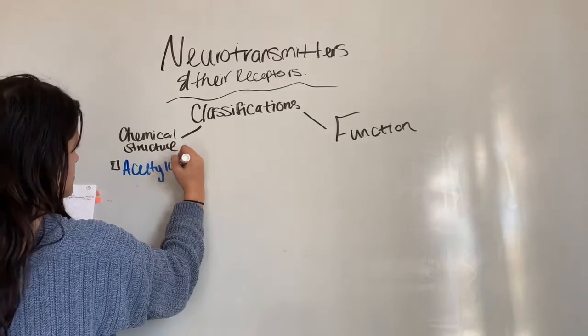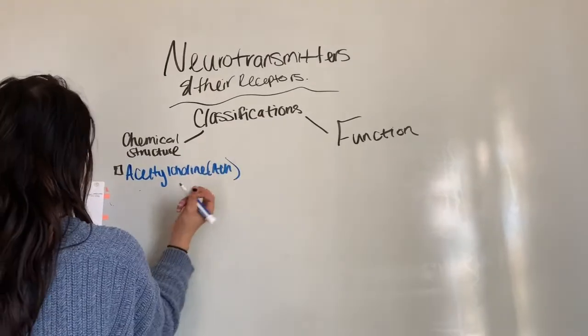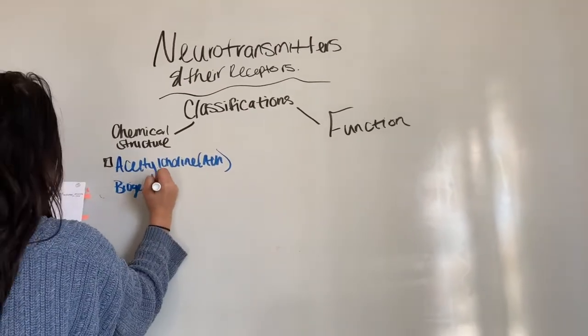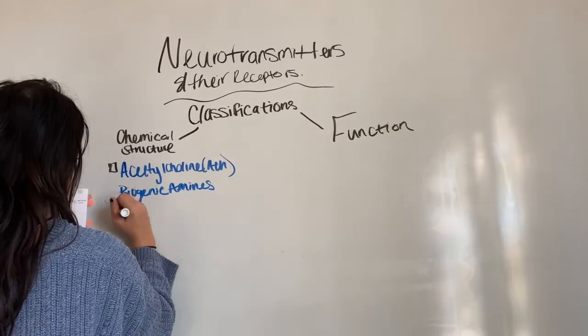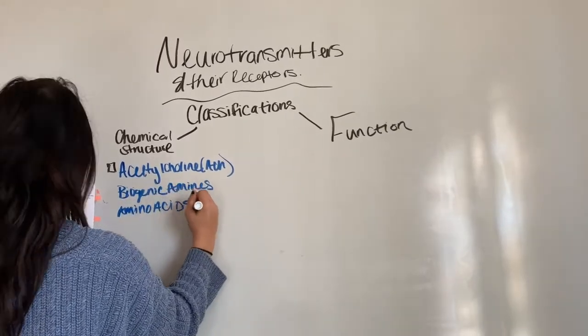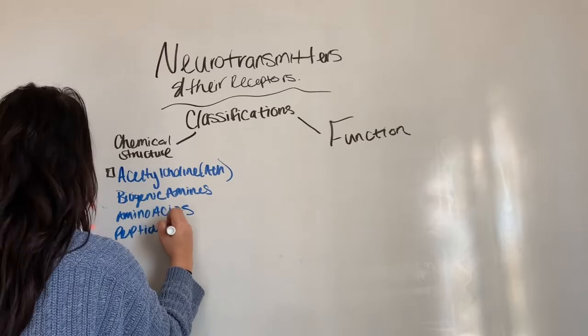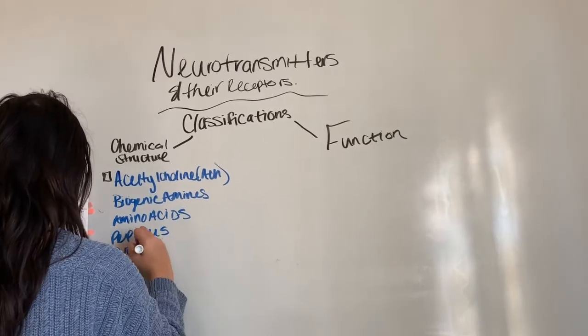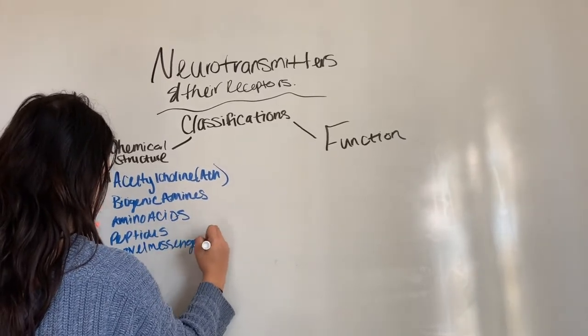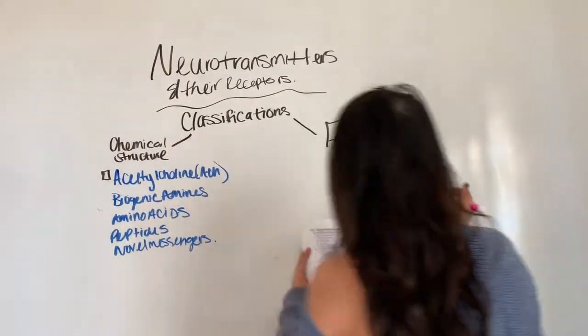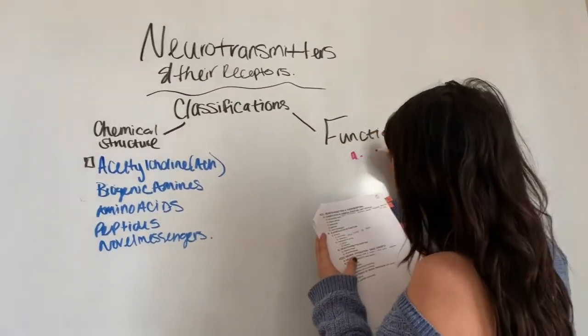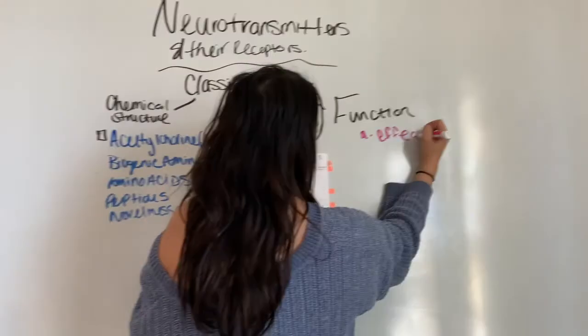Now we're going to talk about the neurotransmitters and their receptors. The classifications by chemical structure are acetylcholine, biogenic amines, amino acids, peptides, and novel messengers. Some neurotransmitters are excitatory and some are inhibitory.